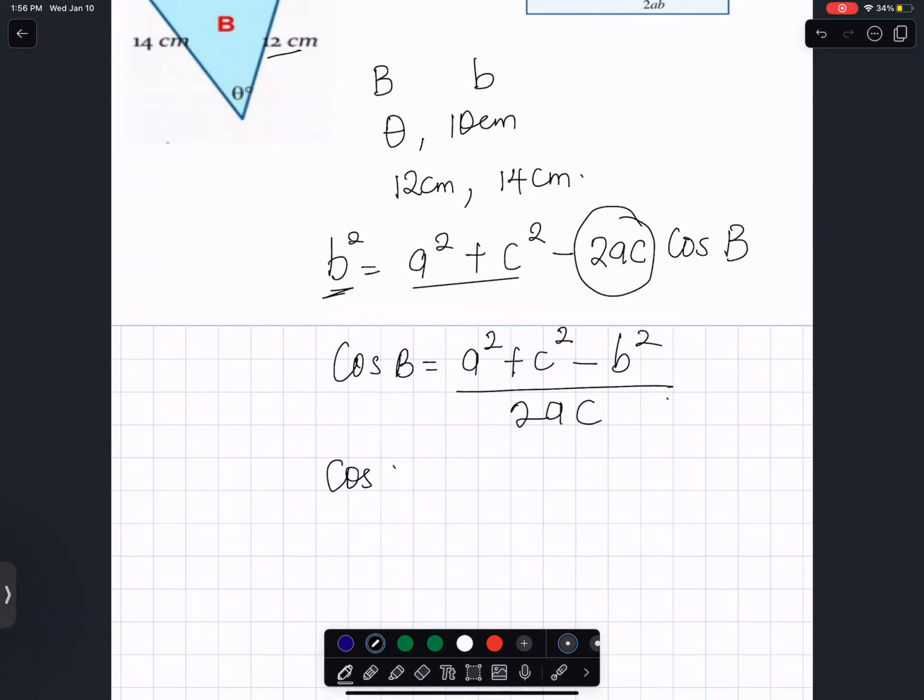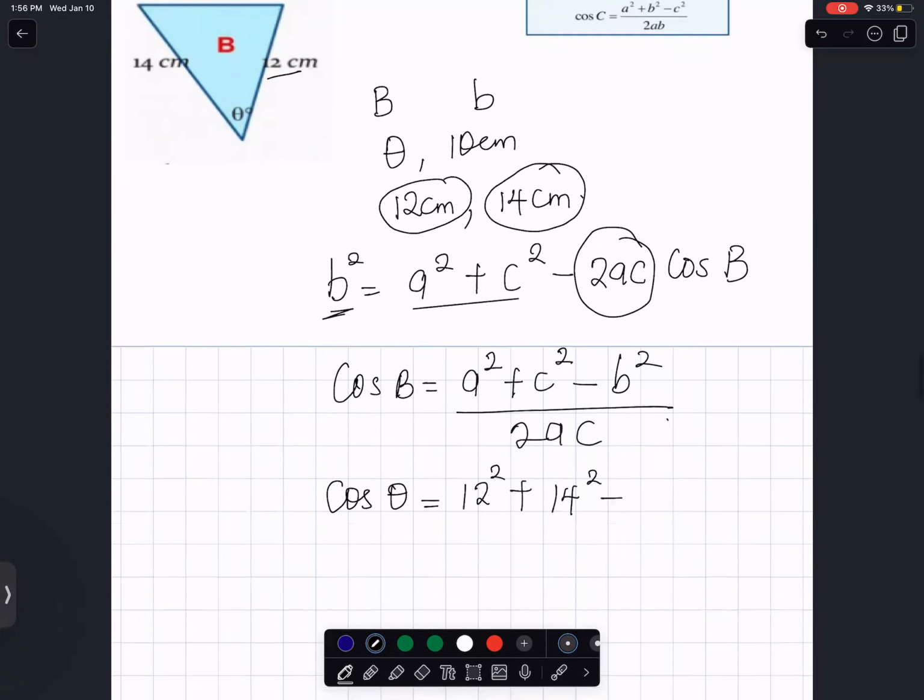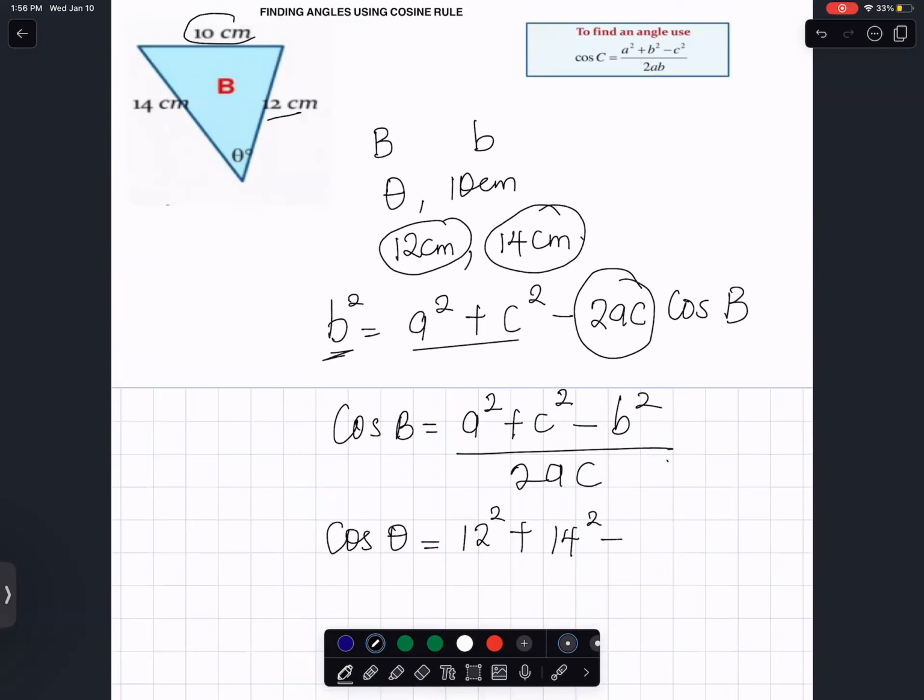So our cos b is cos theta equals, what is our a given to us? We can take any of these as a. So I have a as 12 squared plus c as 14 squared minus my b squared given to me. If you look at the triangle, it is 10.